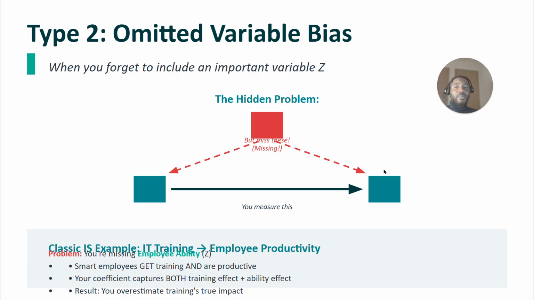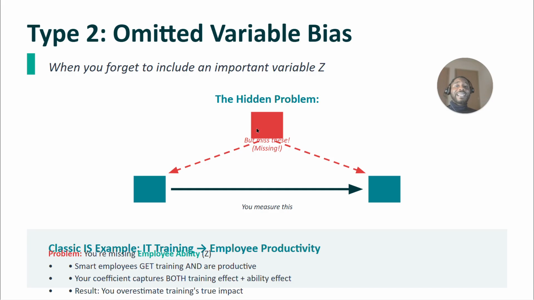And the problem here is that the relationship is at the bottom, X and Y, but you're missing the hidden variable Z in the red box at the top. Z might affect both X and Y through these dashed arrows. You haven't included this in your model, which means there's a causality problem.